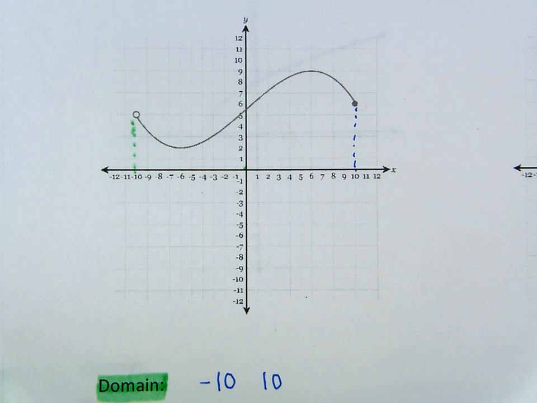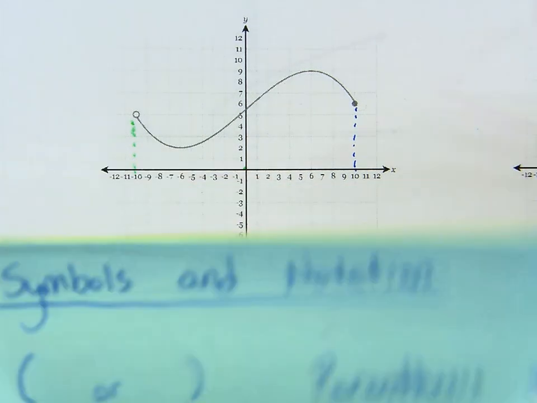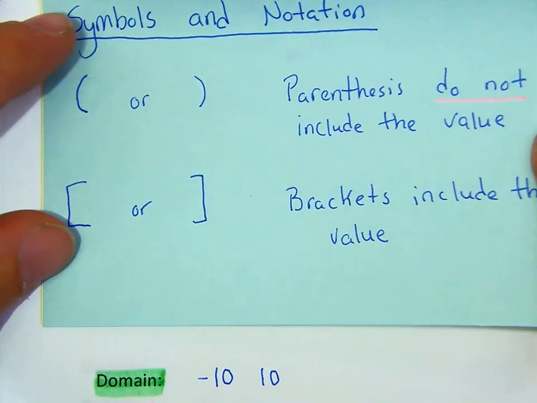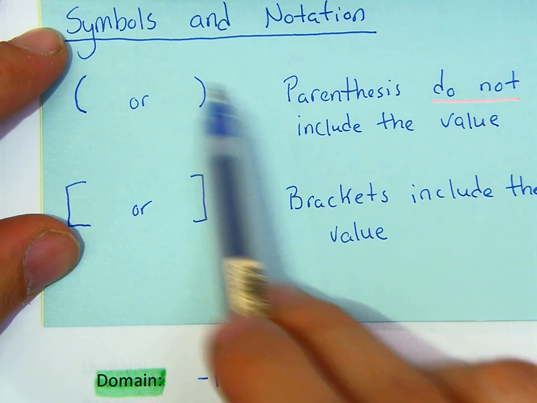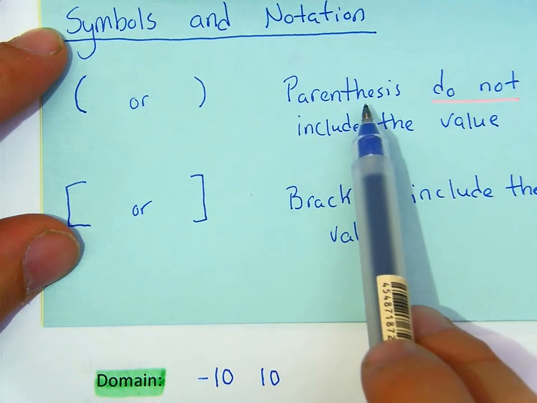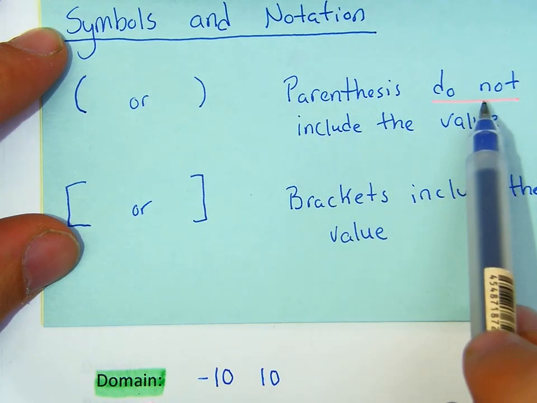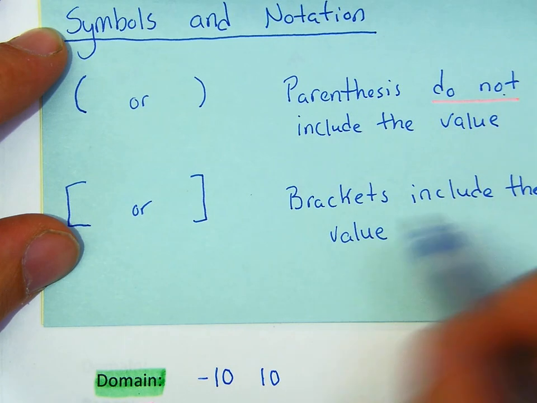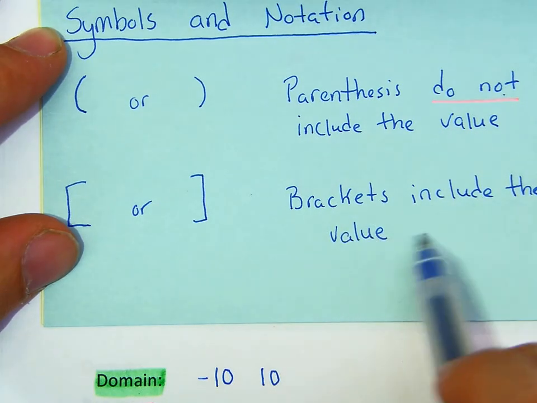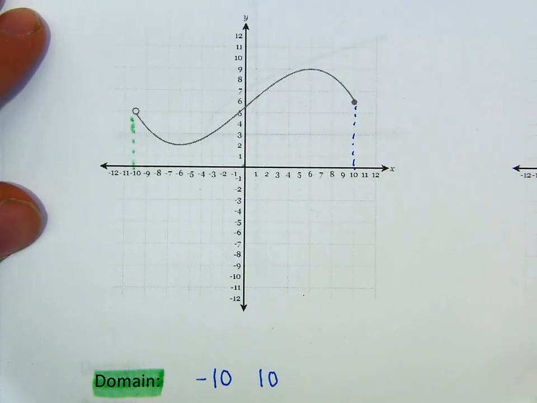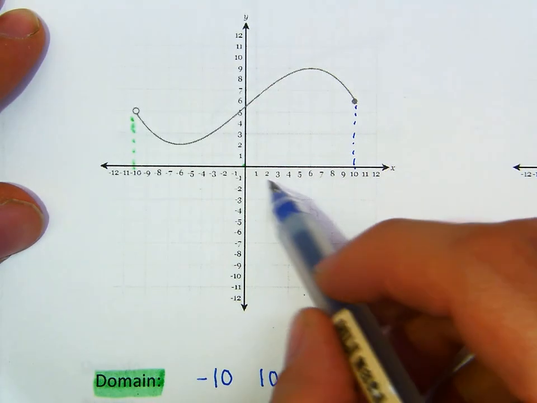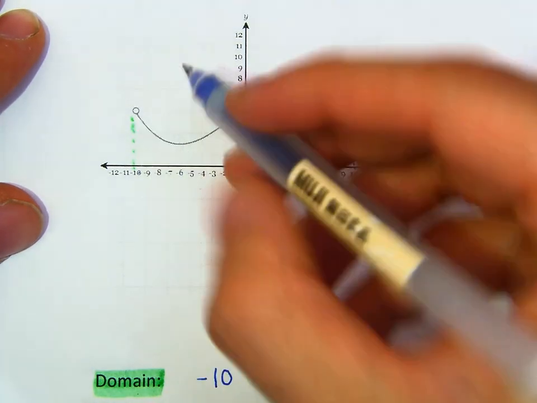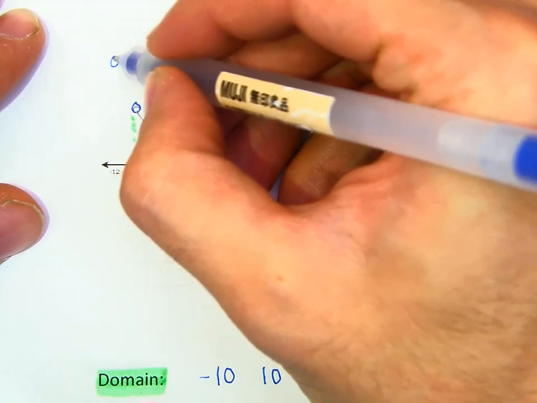But now we just have to be okay with the notation. What do we do for the notation? Parentheses imply that the value is not included, and brackets imply that the value is included. Here, do you have x equals -10? No. This is an open circle.